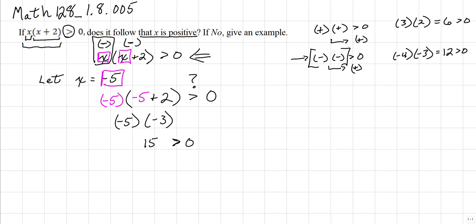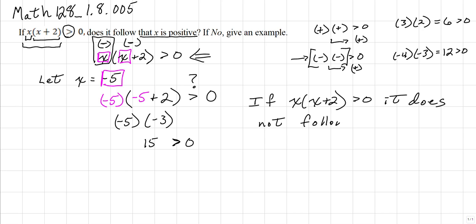So now what I've done is show that if x times x plus 2 is greater than 0, it does not follow that x is positive, or in other words, x is greater than 0. And what I've just done is disproved the supposition by example.